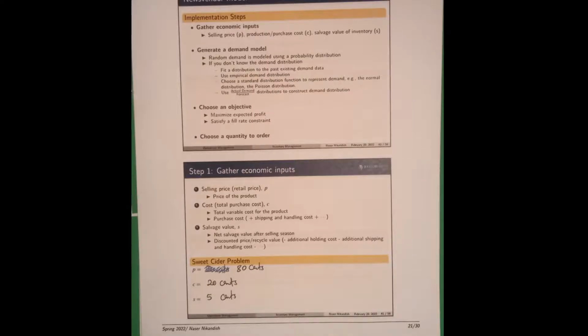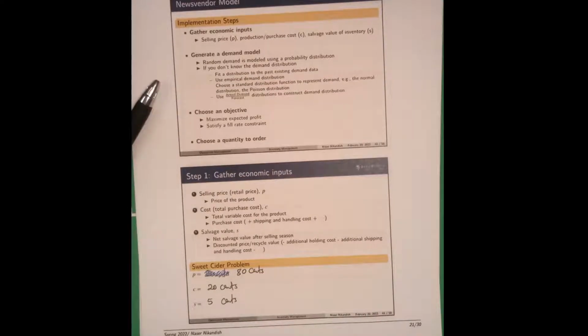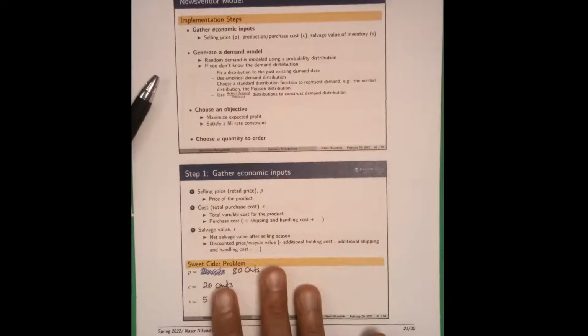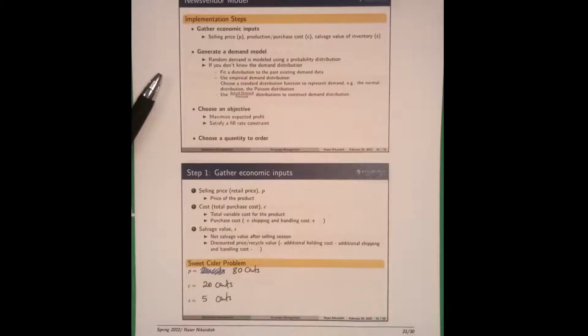As you see, there's a lot of writing here about generating the demand model. This is the most challenging part of building this model. How do you model, how do you quantify uncertain demand? The easiest, most straightforward way of doing that is by hopefully using historical data to find the distribution of demand.